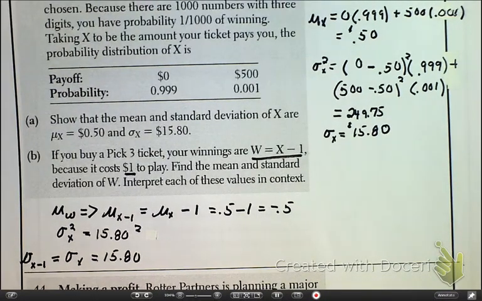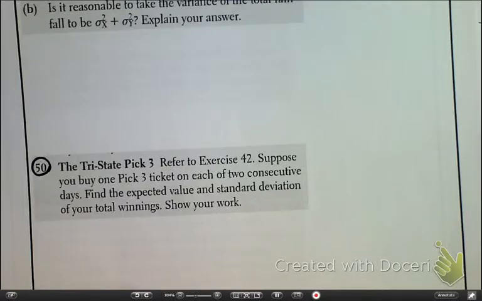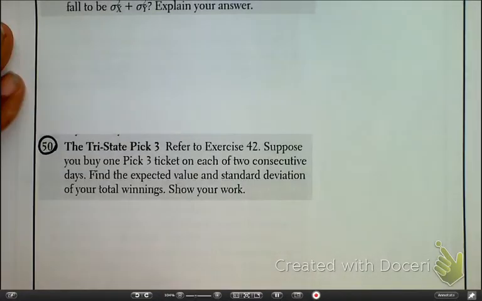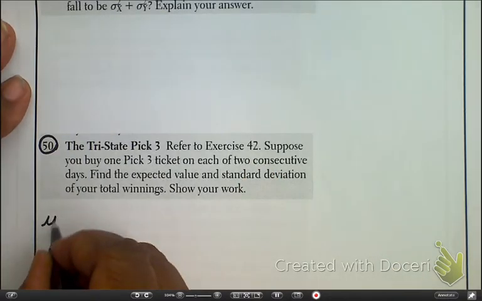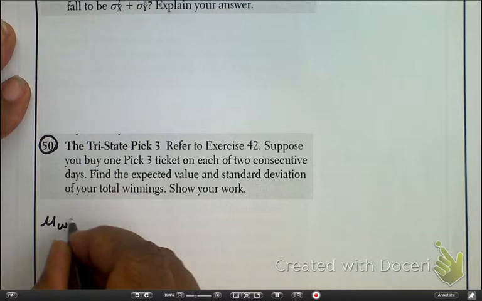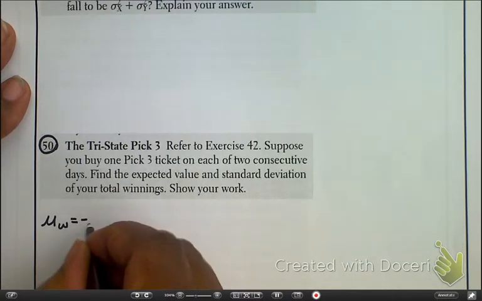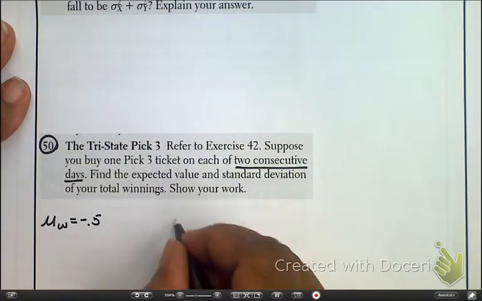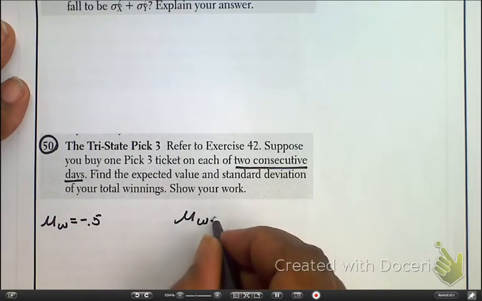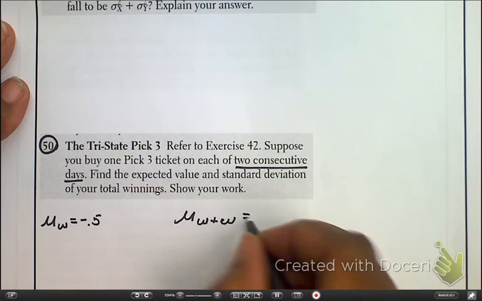Now, I want to start problem number 50 because 50 refers back to problem 42. Okay, so we want to know the mean. Now the mean of winning was a negative 0.5. And we're talking about 2 consecutive days. So we're talking about the mean of winning plus the mean of winning.